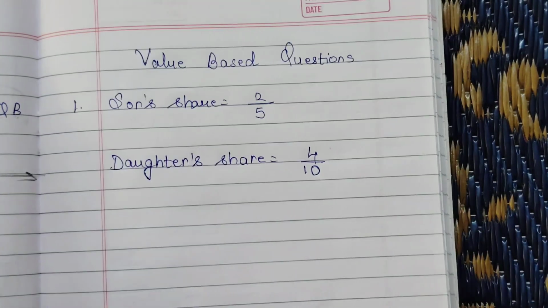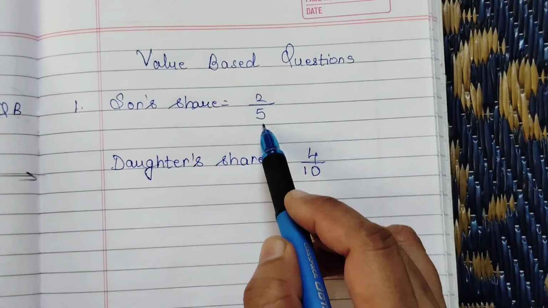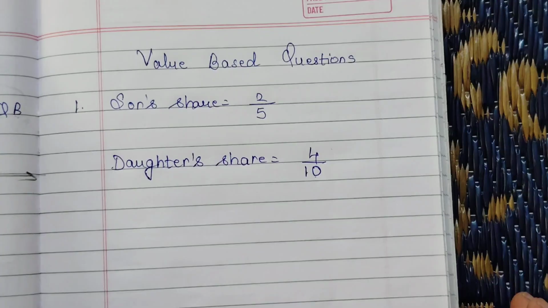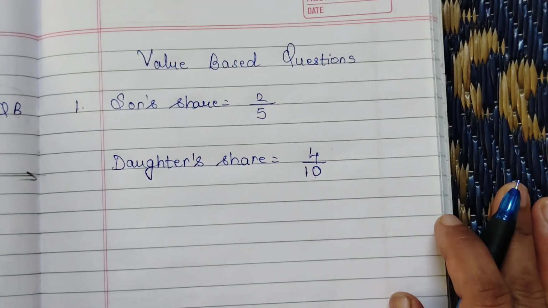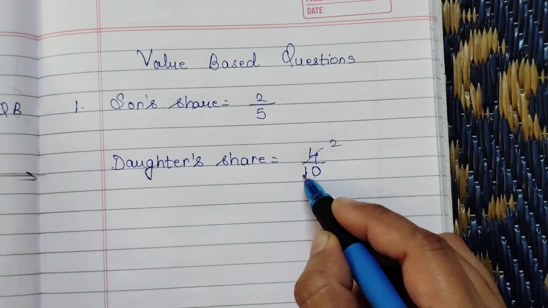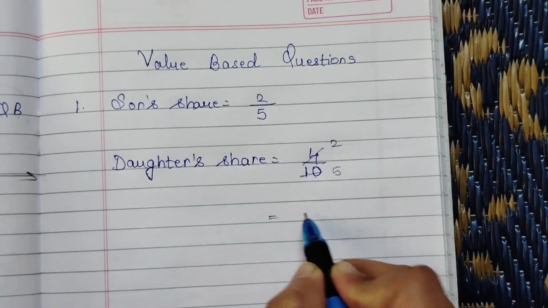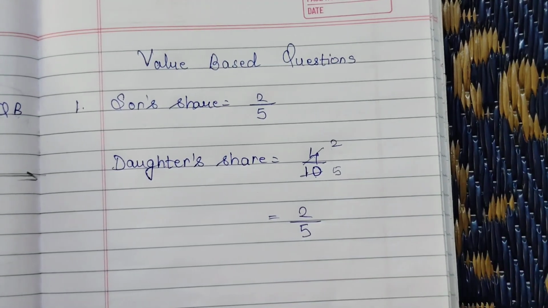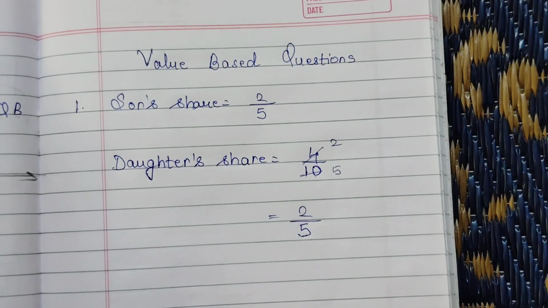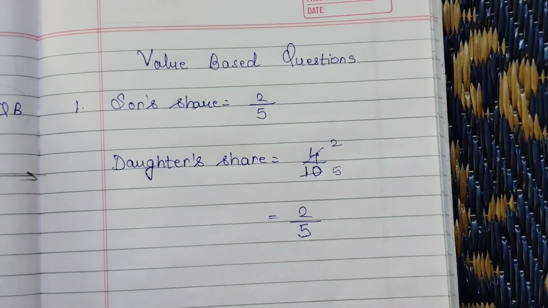Both 2 and 5 are prime numbers, so we cannot reduce 2 upon 5. Here in 4 upon 10, both numbers go in the 2 table, so we have to reduce this. 2 2s are 4 and 2 5s are 10. What did I get? 2 upon 5. So this was the real daughter's share. If we see, both the shares were the same, 2 upon 5 and 2 upon 5. This means Sukhdev shared the property equally between his son and daughter.